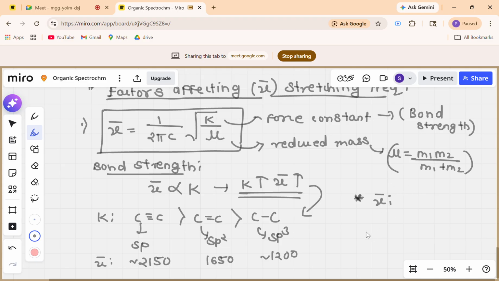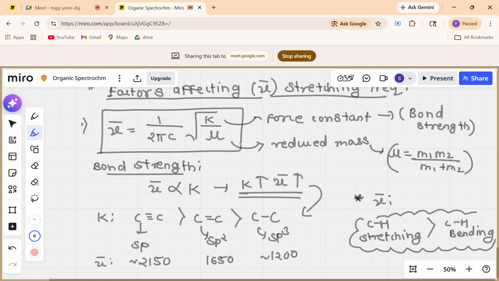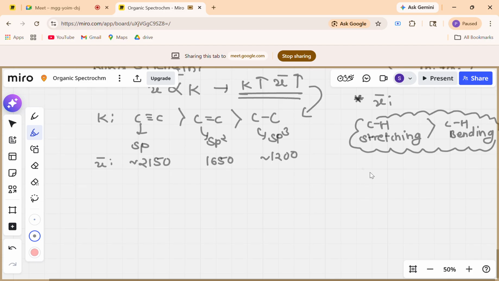Also note that between stretching and bending, the stretching frequency has a higher value than the bending. As we already discussed, stretching corresponds to the functional group region, which comes in the region of 1500 to 4000 centimeter inverse, whereas bending comes around 500 to 1500 centimeter inverse.